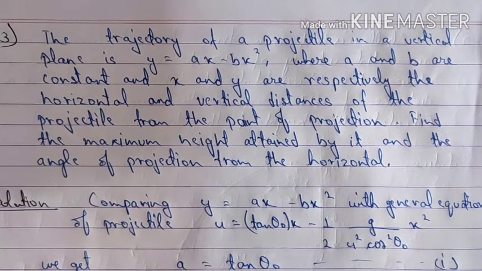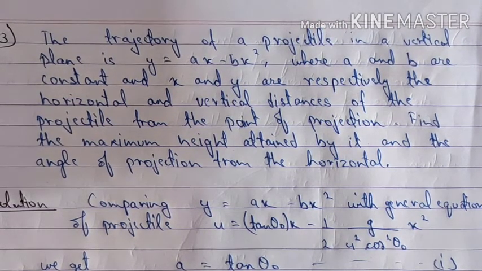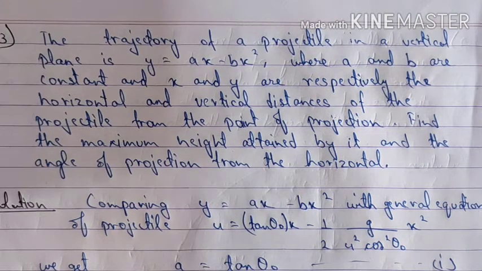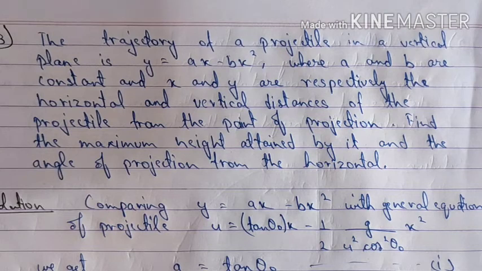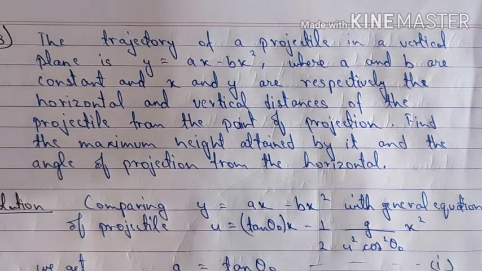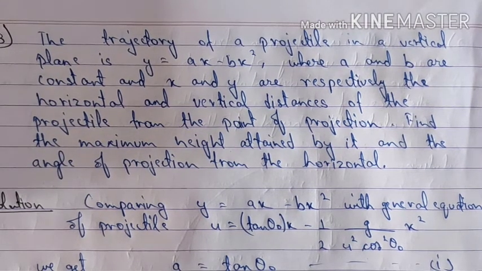That is, the equation of the parabolic path has been given to us, where a and b are constants and x and y are respectively the horizontal and vertical distances of the projectile from the point of projection. Find the maximum height attained by it and the angle of projection from the horizon.